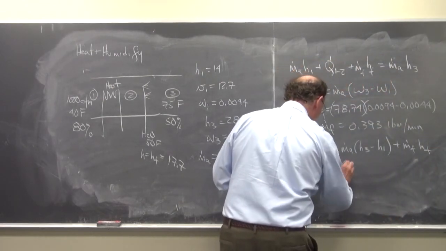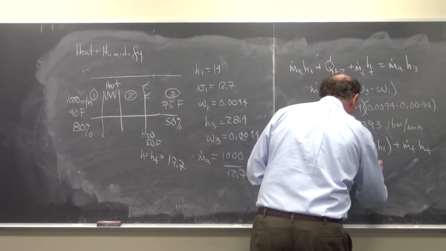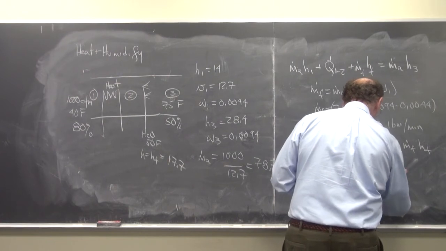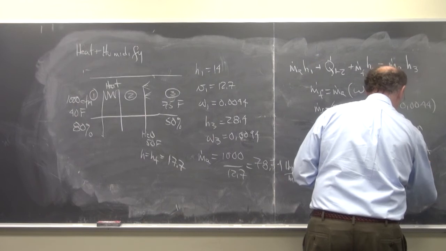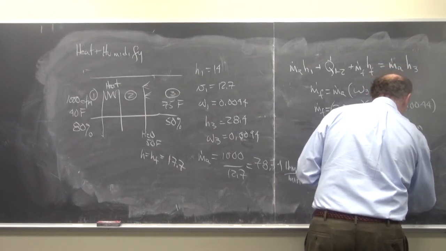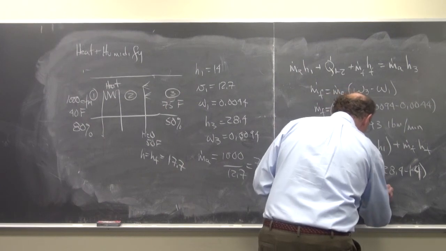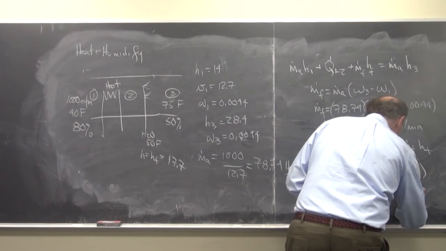So we have 78.74 times 28.4 minus 14, plus m dot F, 0.393, times 17.7.